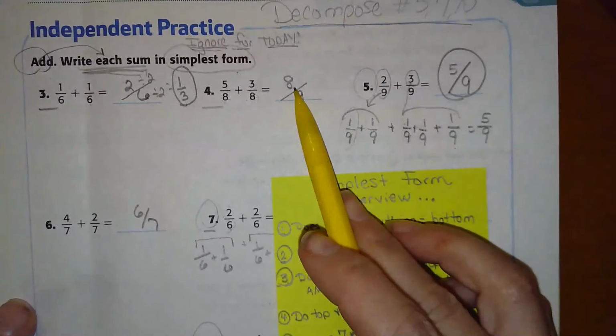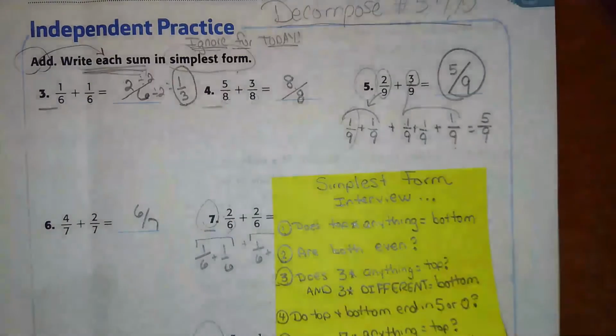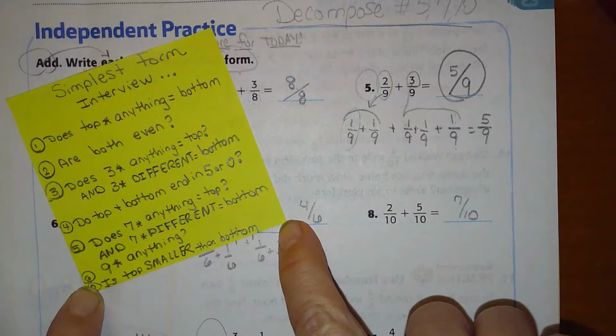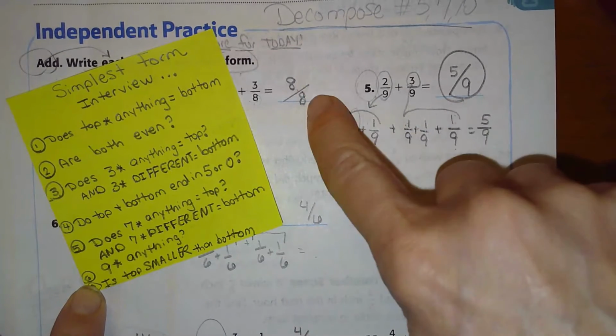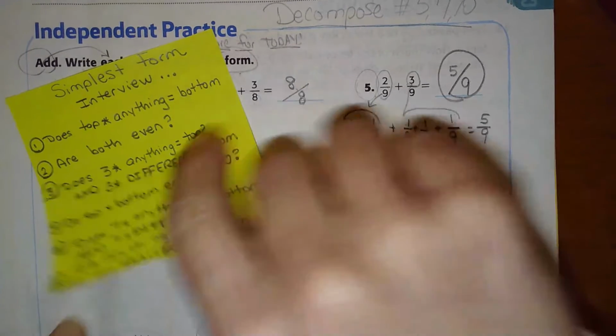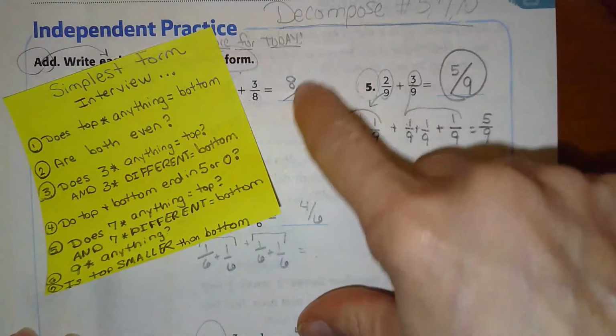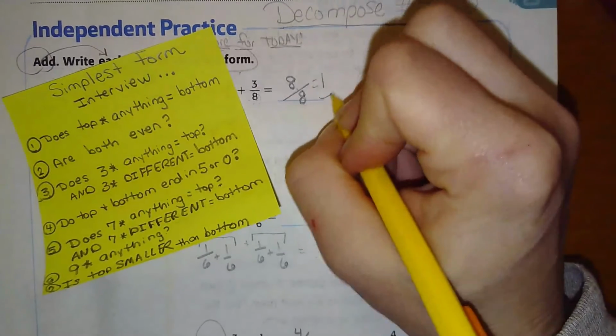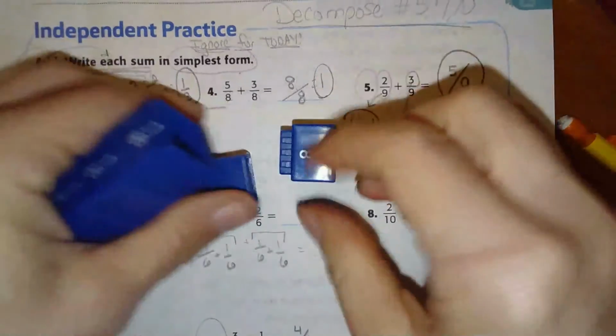What about 8/8? Well, again, hopefully you could have looked and said, wait a minute, the top number is not smaller than the bottom number. In fact, there are 8 pieces and I have all 8 of them. So, simplest form is 1. Why is that simpler?